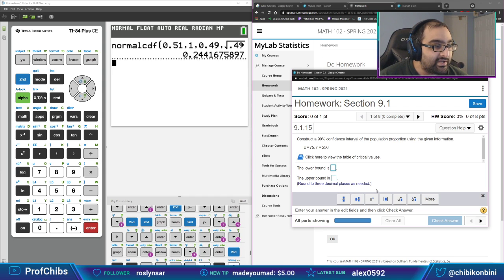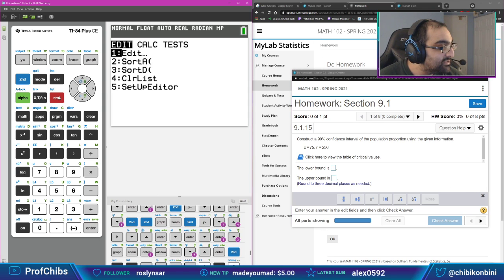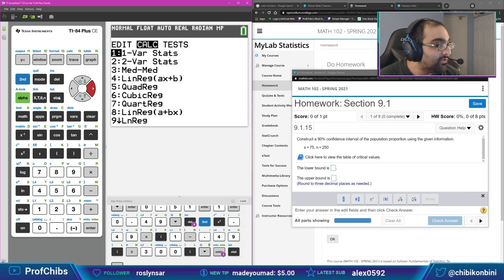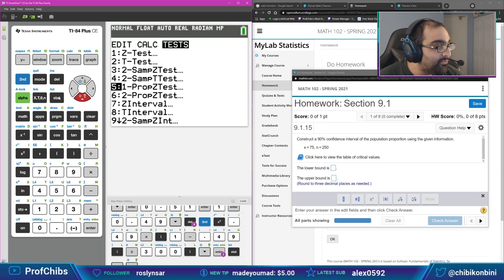Alright, so you want a 90% confidence interval for this? Did you use one prop Z there? In this case, you go over to tests and you go to one prop Z int.